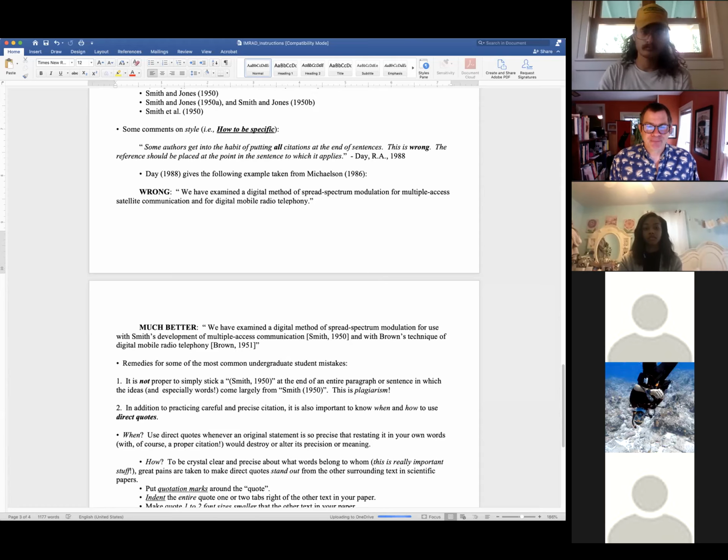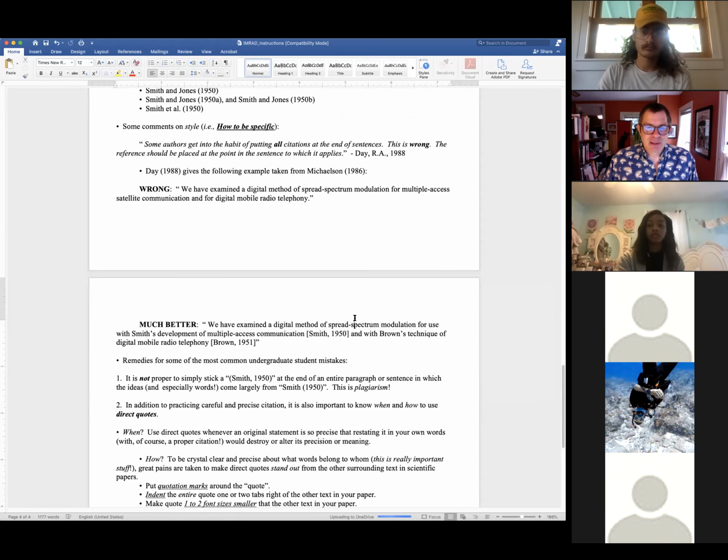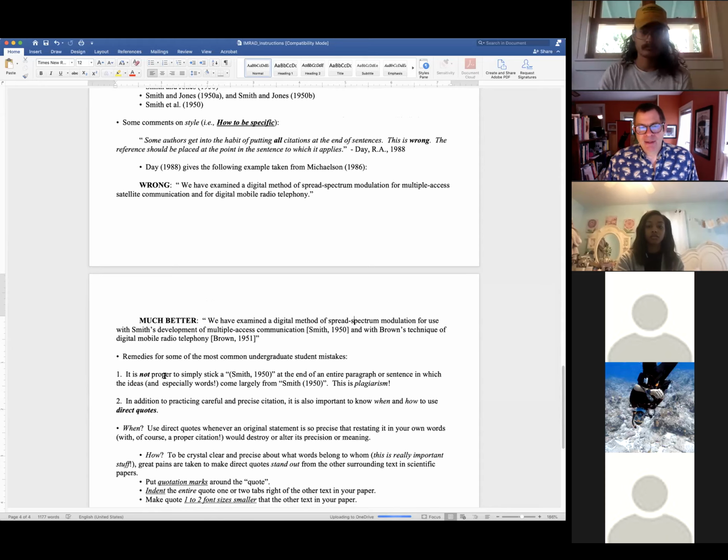And there are also different methods about how you can actually add citations to papers. This is an important thing to point out. There are ways to shorten the citations.